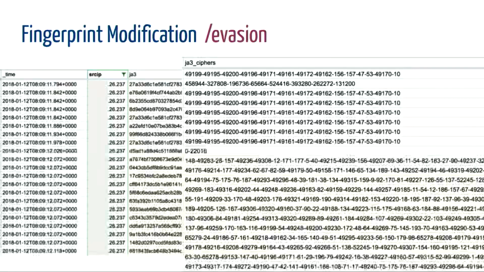Let's go deeper and see what's the reason behind these random fingerprints. This is the cipher list in the message, and on one specific day, in just a few seconds, I received like 400 different connections. Looking at the ciphers, you see an interesting pattern.